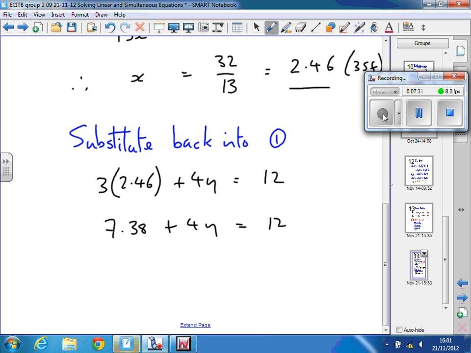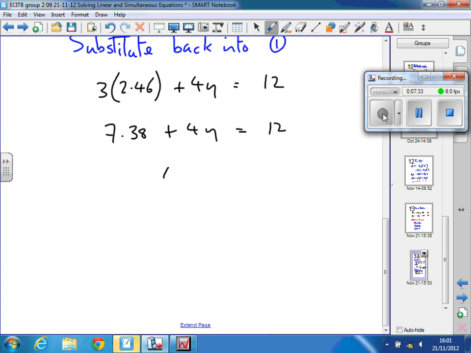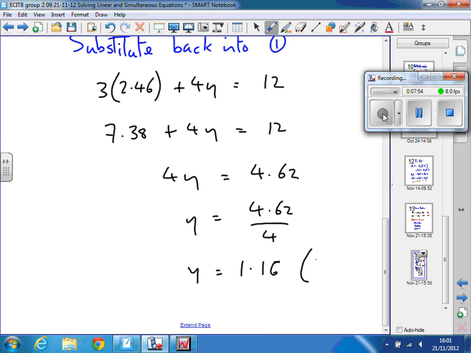Subtract 7.38 from both sides. 4y equals, and then divide both sides by 4. y equals, we'll call it, say, 1.16 to 3 significant figures, because there's no point going to more significance than the other one.